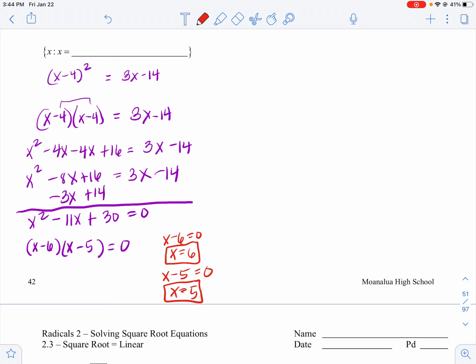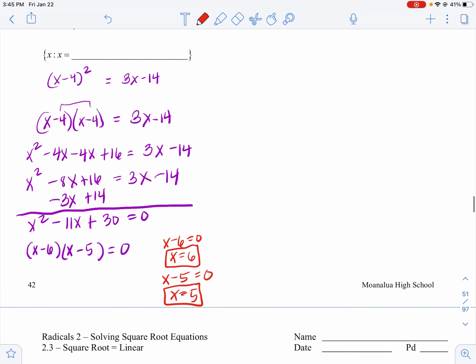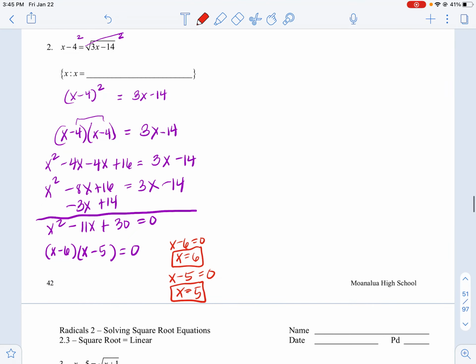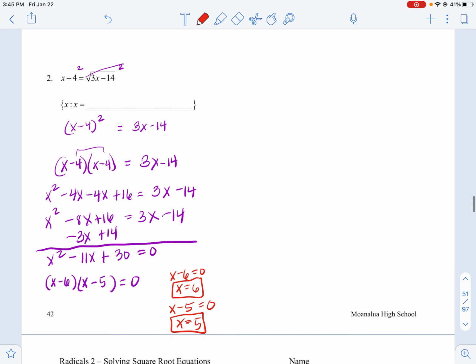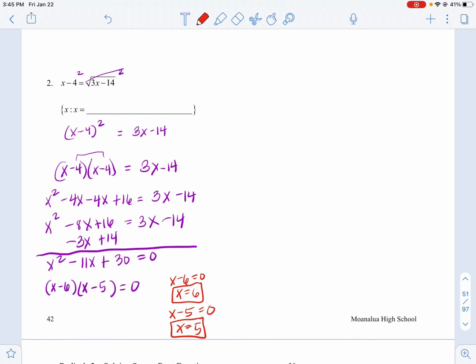But we need to make sure to check for any extraneous solution, so we have to plug in both the 6 and the 5 into our original equation. So I'm going to make it a little bit smaller so we can see our original equation. Usually what I do is I do left and right side.